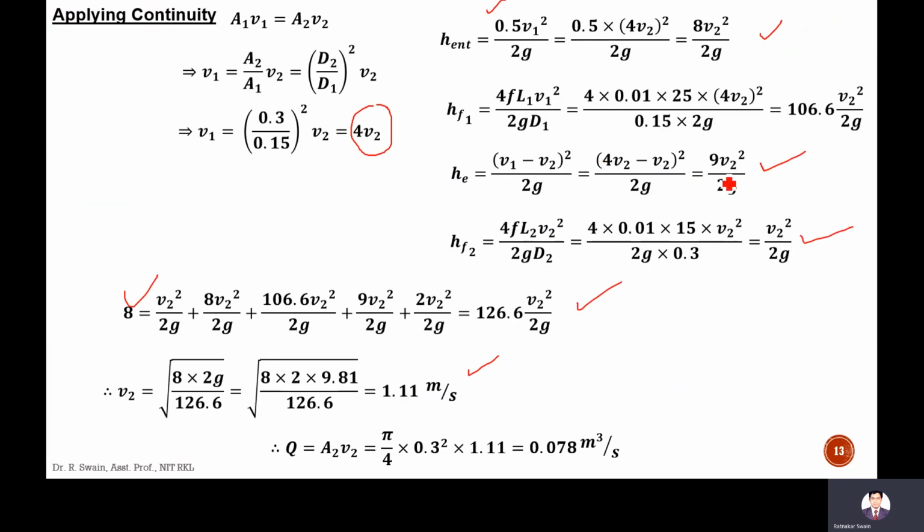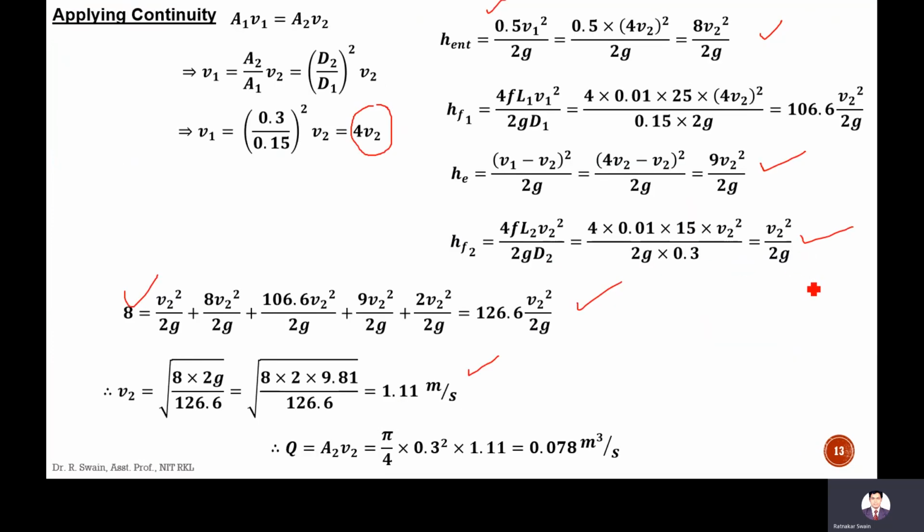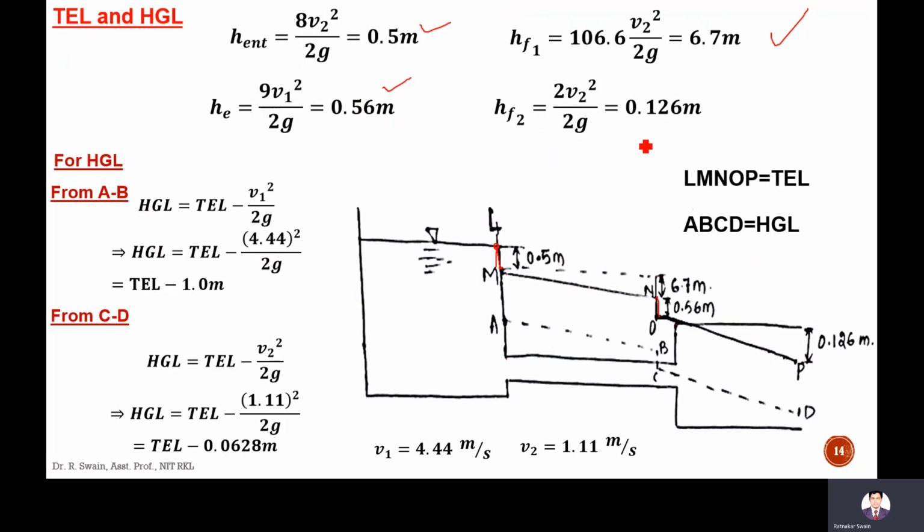Remember, we have expressed it in 9 V2 square by 2g. So there will be a sudden loss of 0.56 meter here, and for pipe 2 there will be a gradual loss due to friction, that is V2 square by 2g.